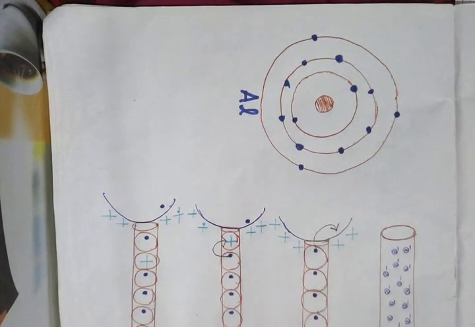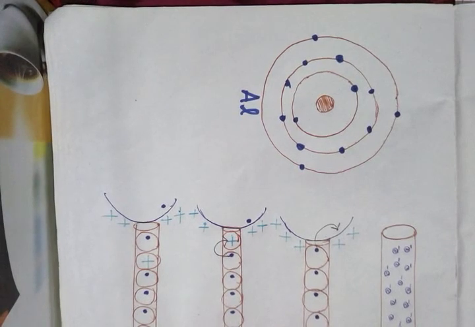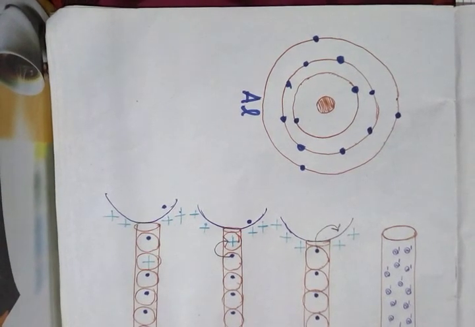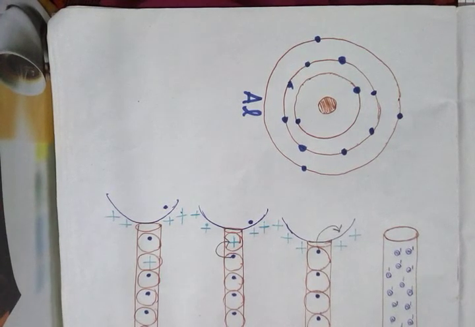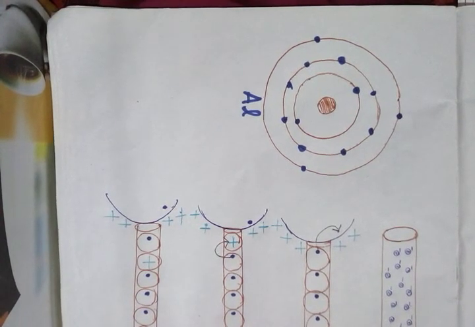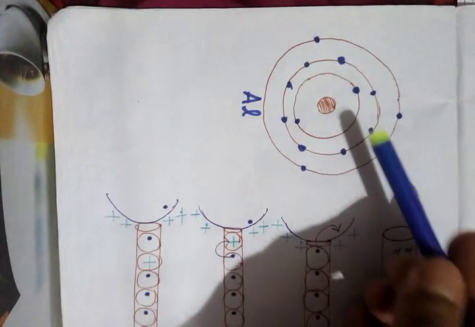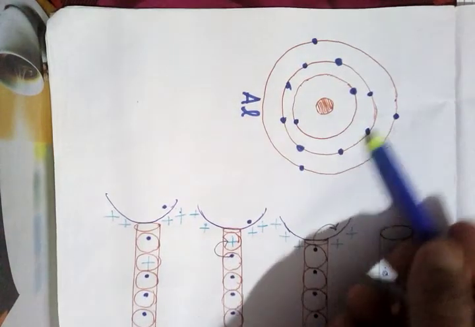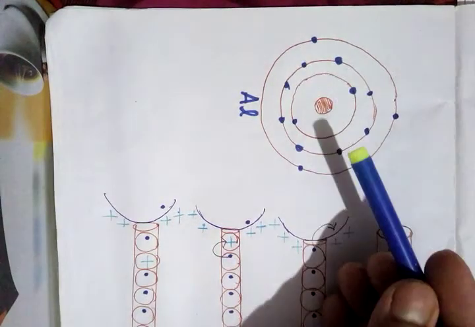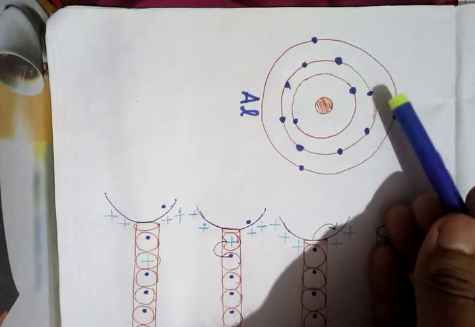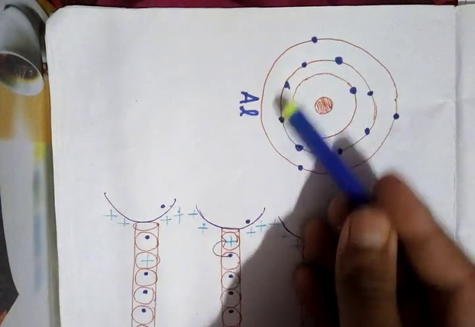In lower classes, we have learned that metals are good conductors of electricity. Why? Let us take an example. Let us think about an aluminium atom. This is the nucleus and it has 13 electrons.